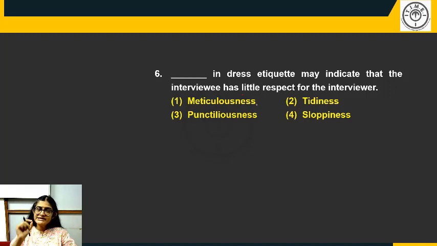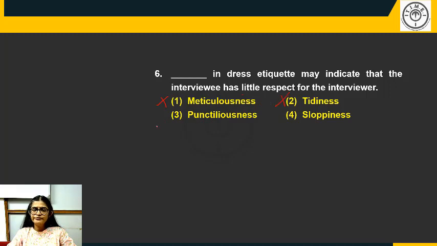Meticulousness. What is meticulous? Meticulous means paying attention to detail, taking care of every little detail. Okay, so is that a word for carelessness? No, it is the opposite of carelessness. Tidiness in dress etiquette. Tidy, being neat and tidy. Is that the meaning of carelessness?